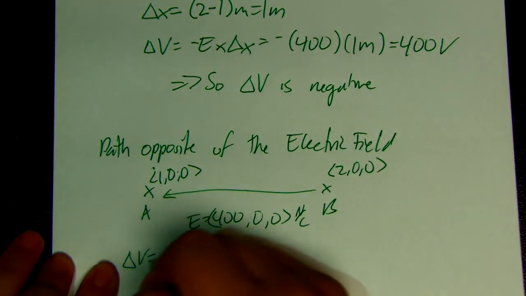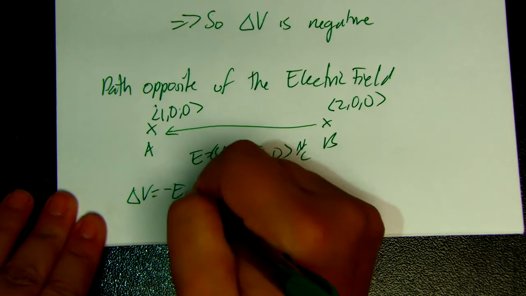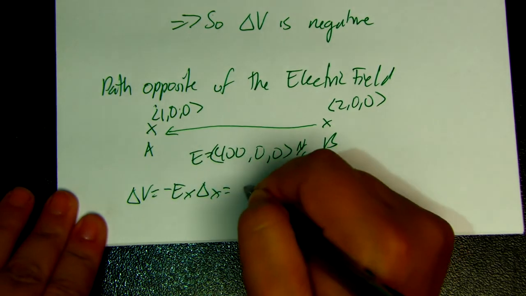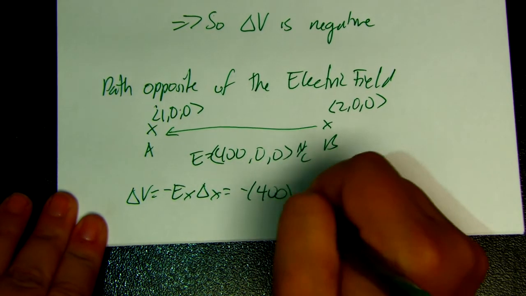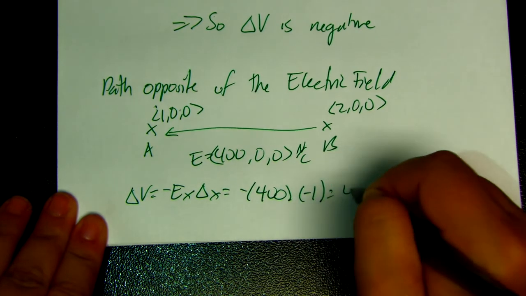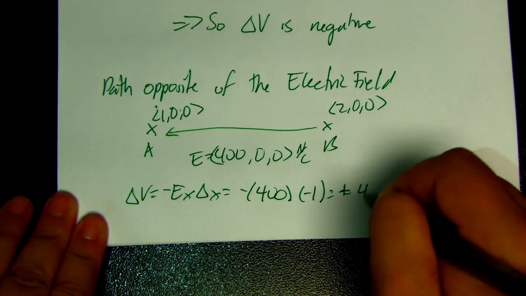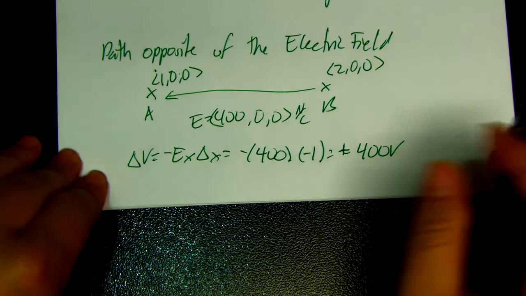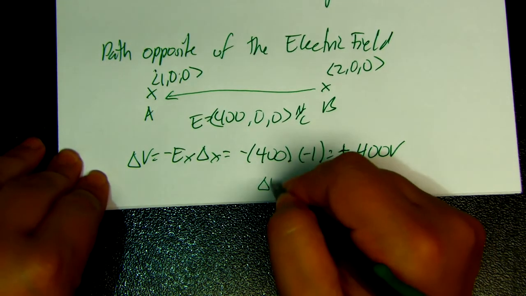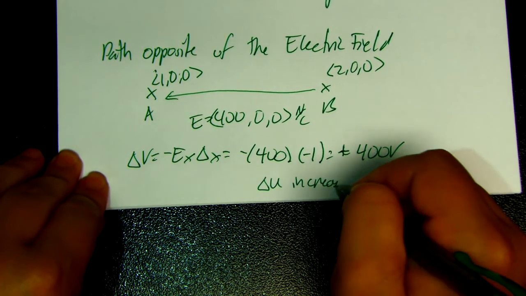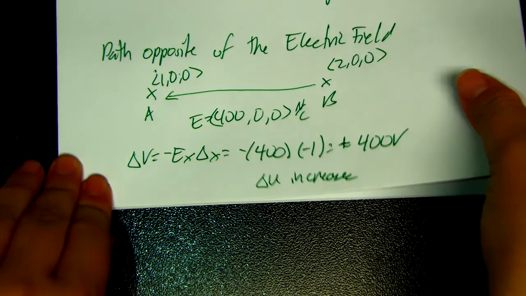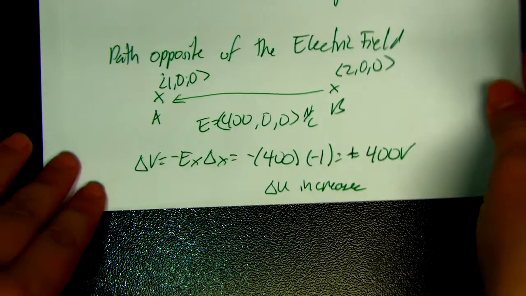So delta V is equal to minus E sub x delta x, which is equal to minus 400 times minus 1, which is plus 400 volts. And so delta U increases, which again is unsurprising. So pretty easy so far.